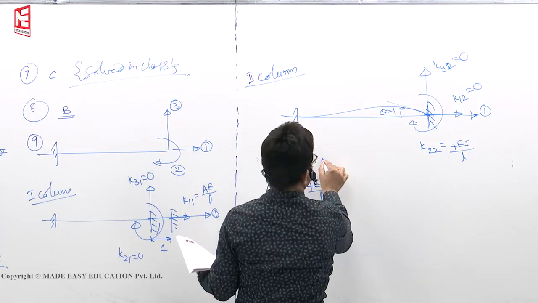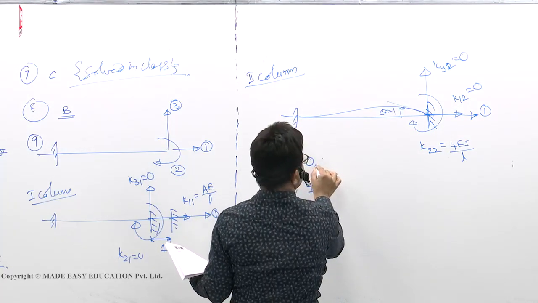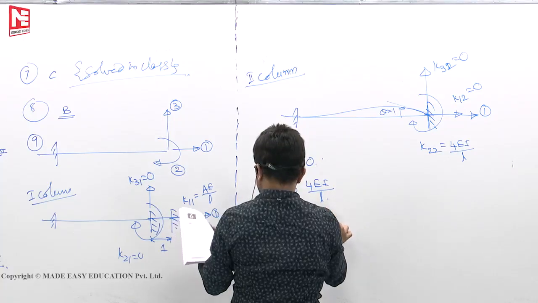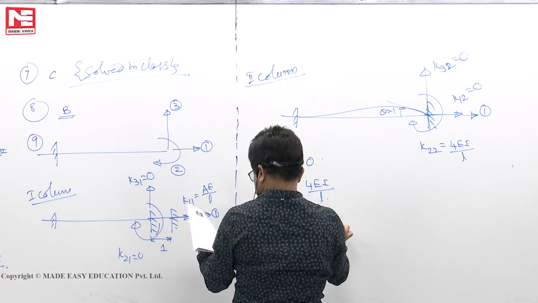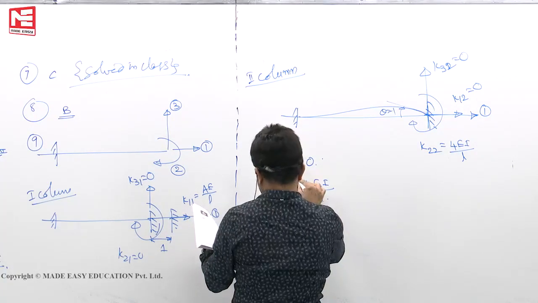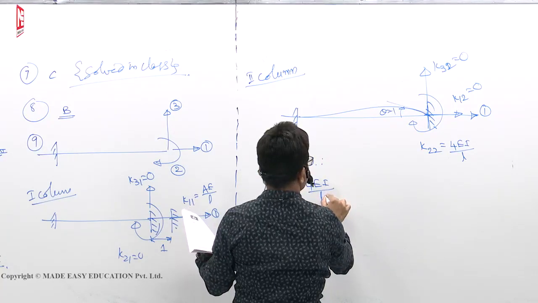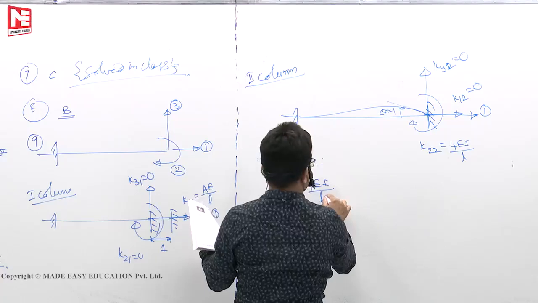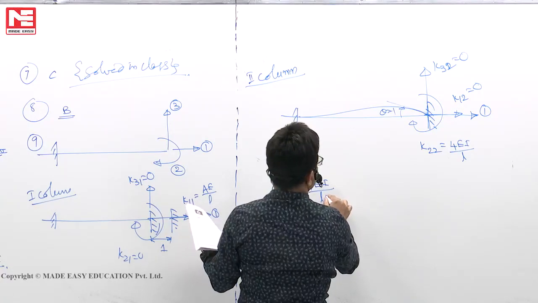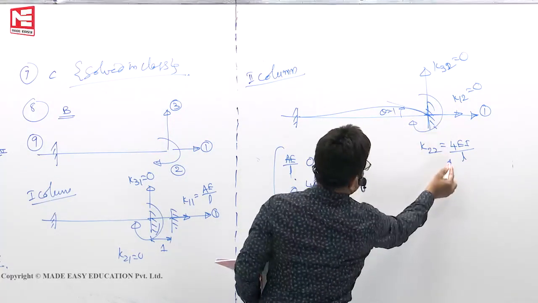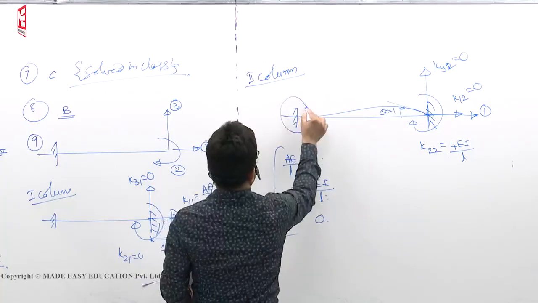This is K12 is 0, K22 is 4A by L. This is this one. So AE by L, 0, 0, 0, 4A by L. Now, when you have K22 as 4EI by L, here how much moment will develop?